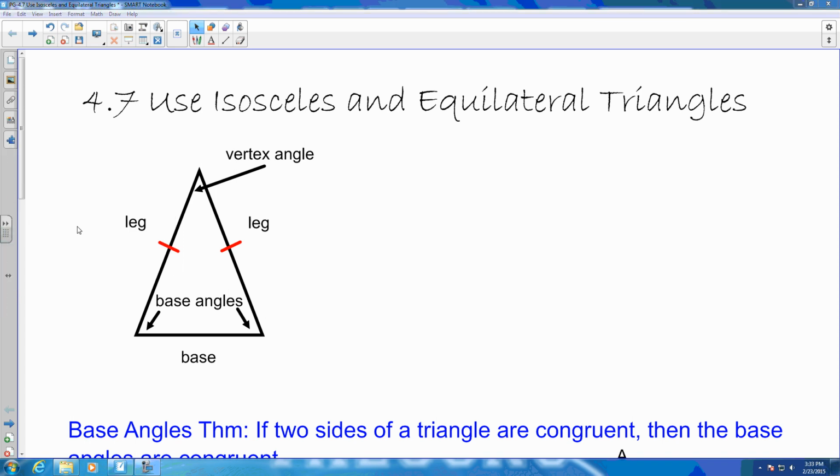All right, we are in section 4.7 where we're going to use isosceles and equilateral triangles.